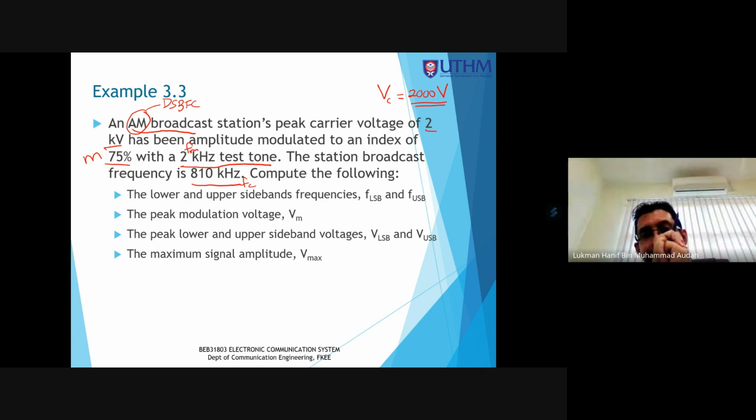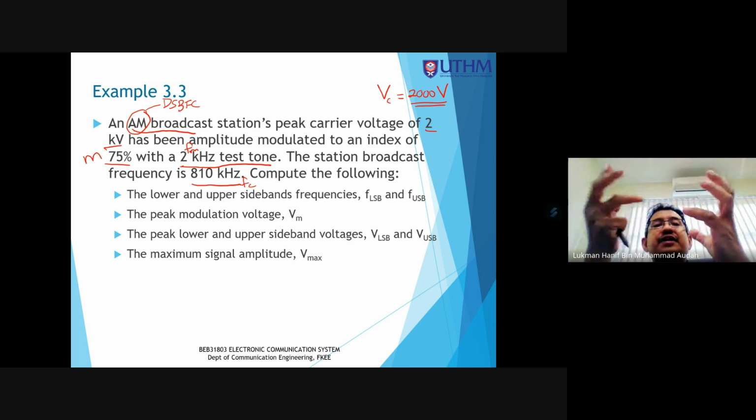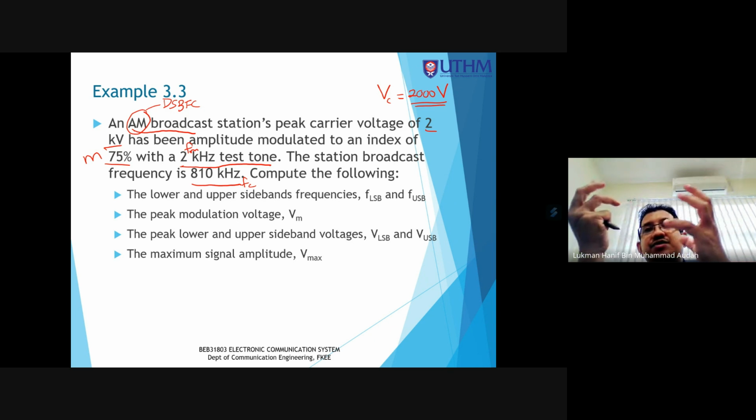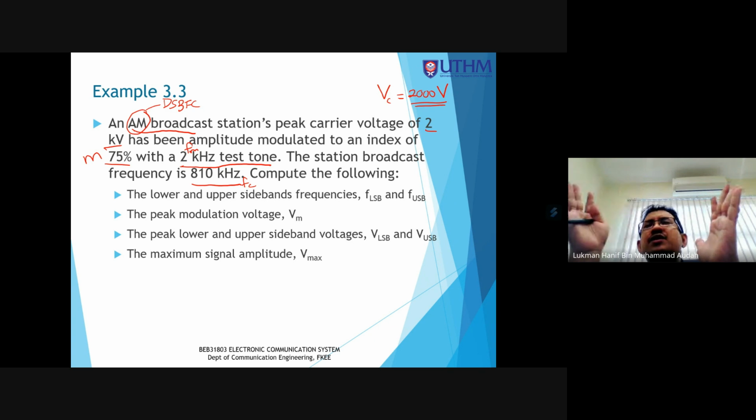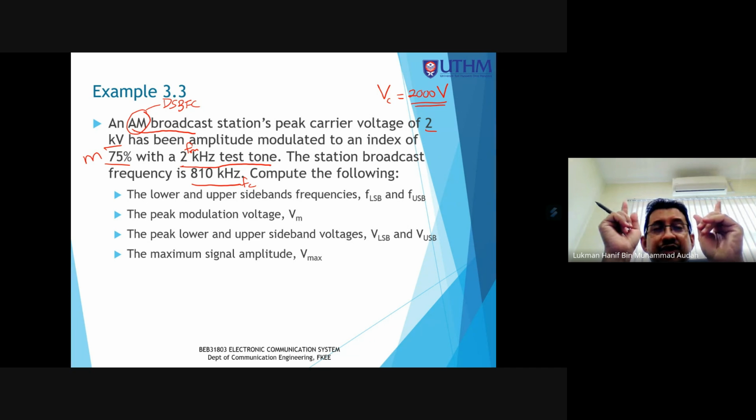Remember, the frequency that you use for transmission is the carrier frequency, because our carrier is in the radio frequency range. For AM, the carrier frequency should be within the standard range, 576, I think, until 1605 kilohertz. So that is the range of carrier frequency.